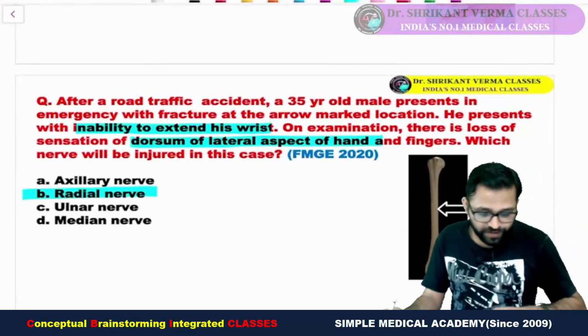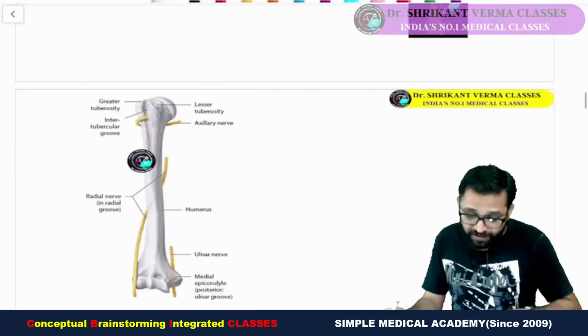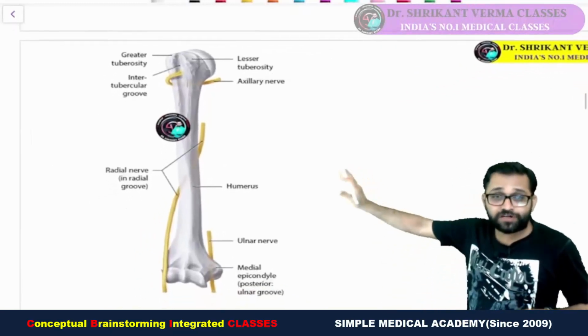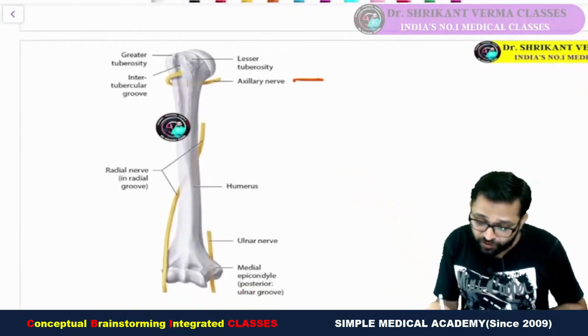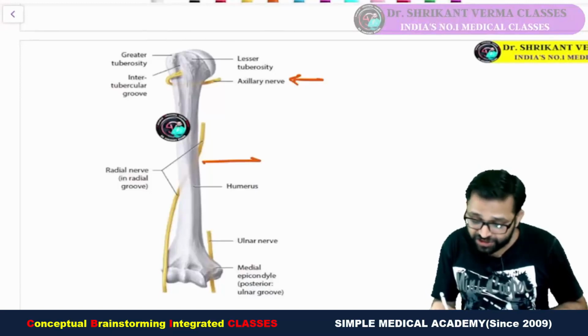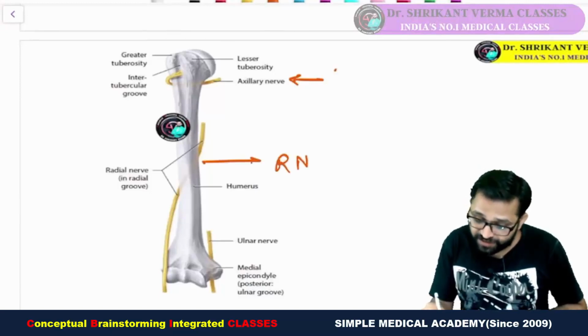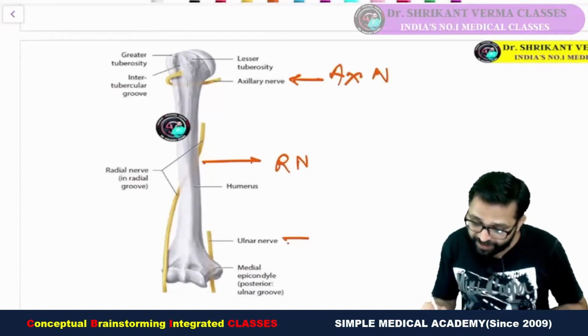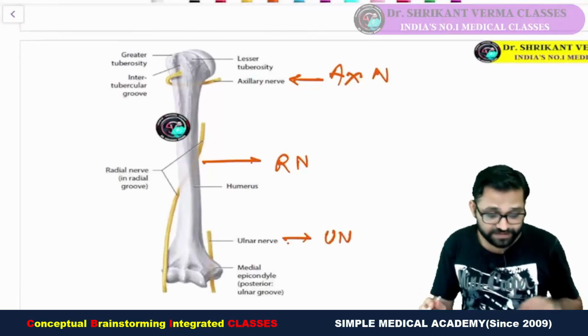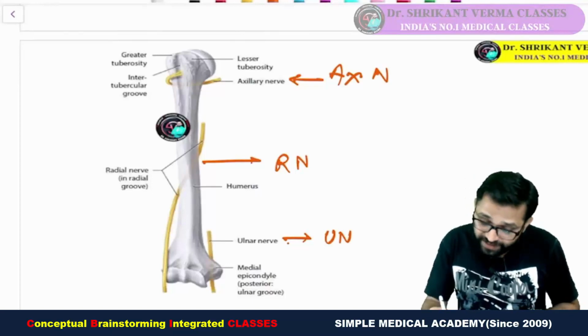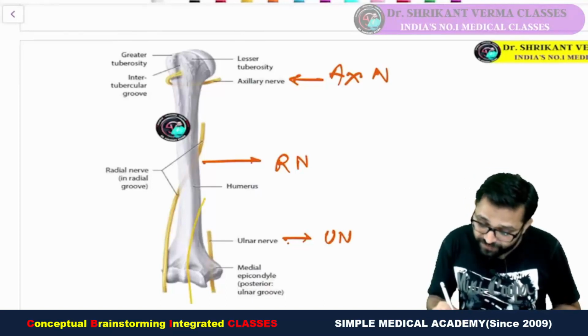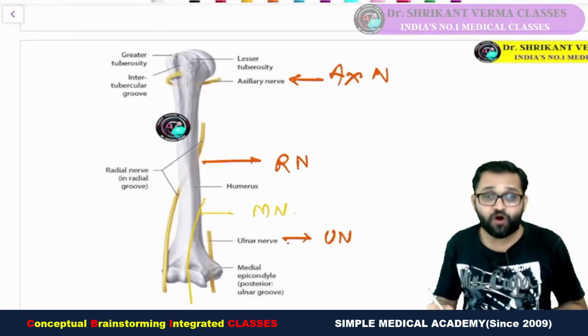Fine. Now we are going to look at another very important relation. We had already discussed that at the surgical neck of the humerus there is the axillary nerve, at the shaft of the humerus there is the radial nerve, and behind the medial epicondyle there is the ulnar nerve. One more nerve is the median nerve, which runs at the supracondylar area.